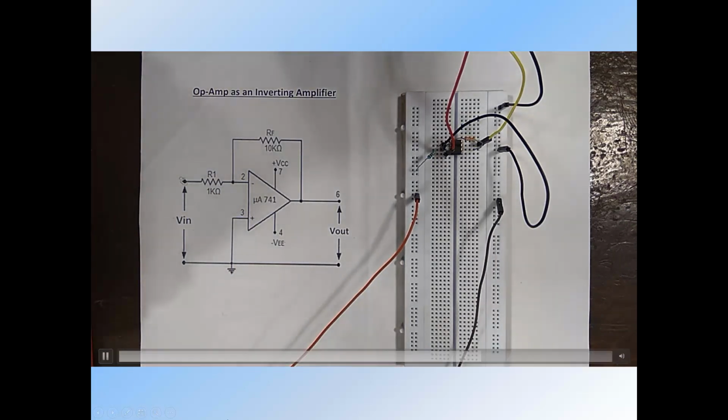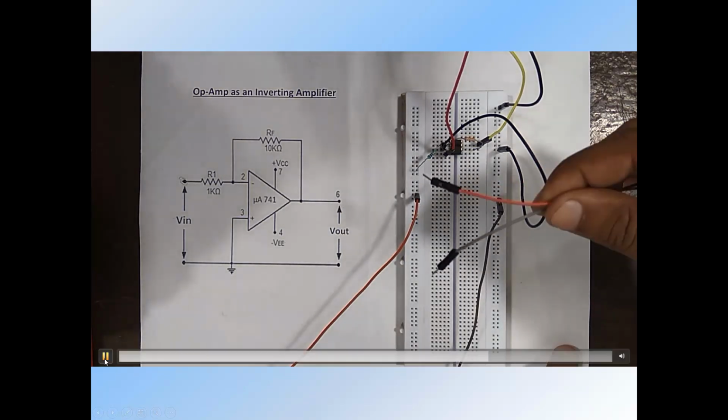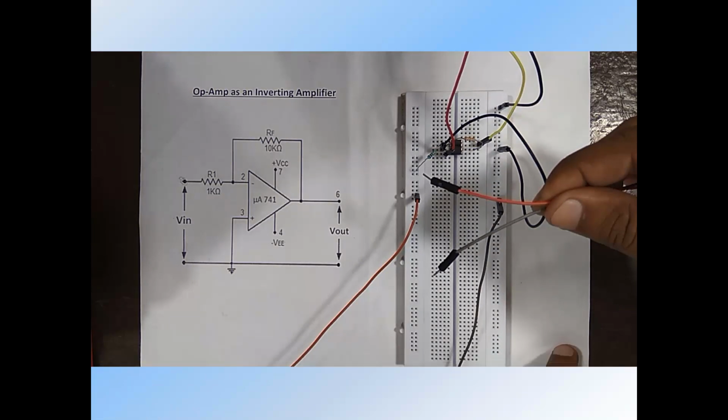And next step is observation of the output signal. For this, these two jumper wires are connected to a channel of the DSO, like the connections of the input signal. This orange jumper wire is connected to the main wire of the BNC cable. The gray wire is connected to the ground of the DSO channel.